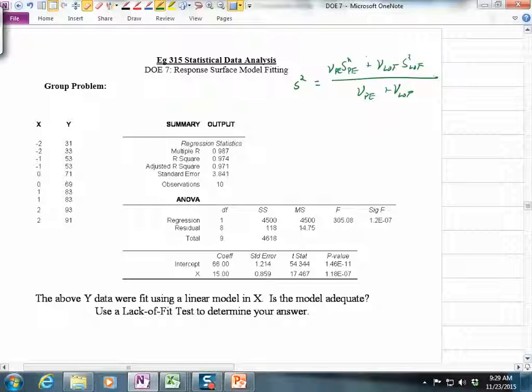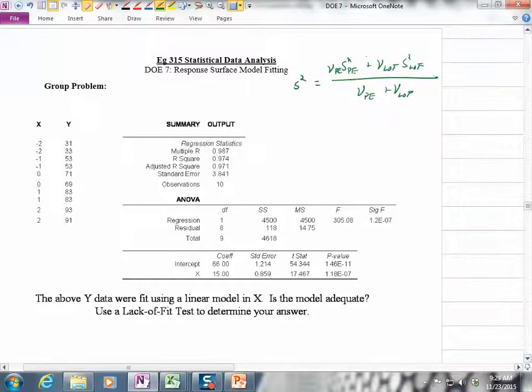We're going to take the variance that we've got from the total SSE divided by n minus c and partition it.